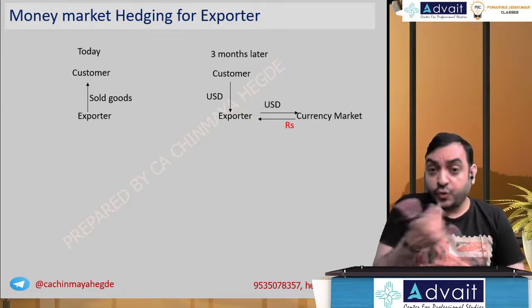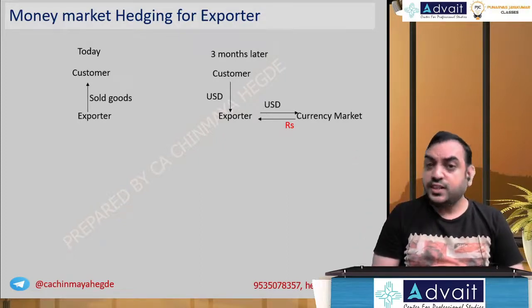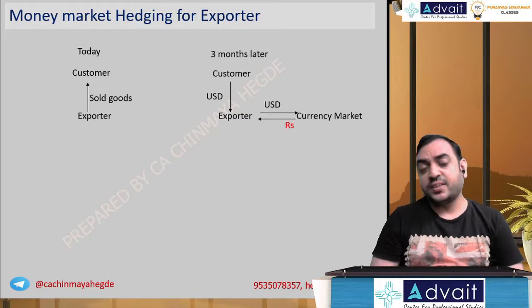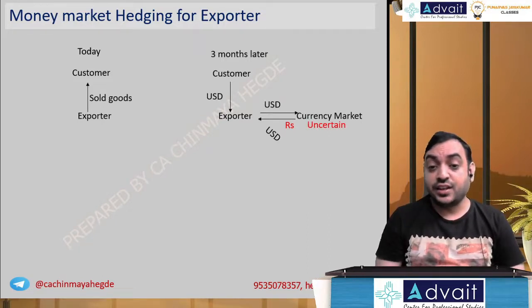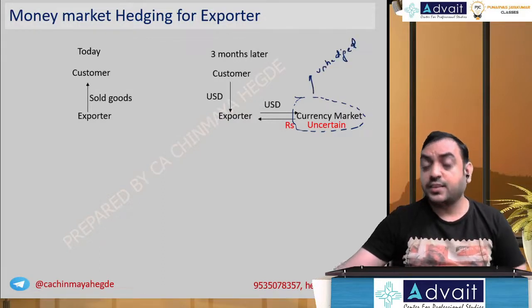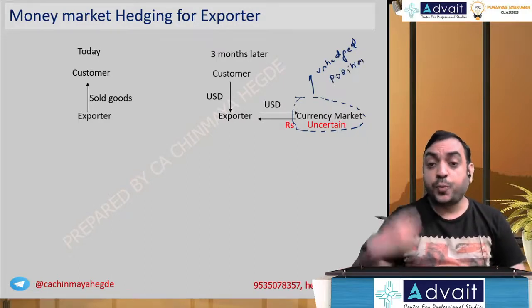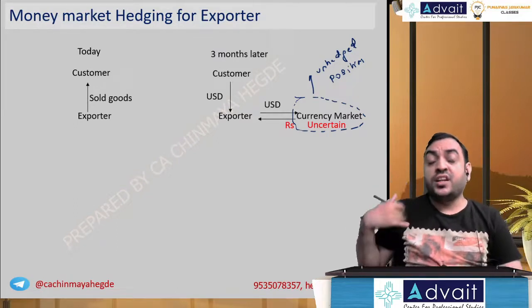And that rate, do we know today or will we come to know only after 3 months? Definitely only after 3 months. That is why it is uncertain in nature and it is called an unhedged position. Unhedged, uncertain, risky position, where the spot rate will be known only at the time of settlement, not known earlier.